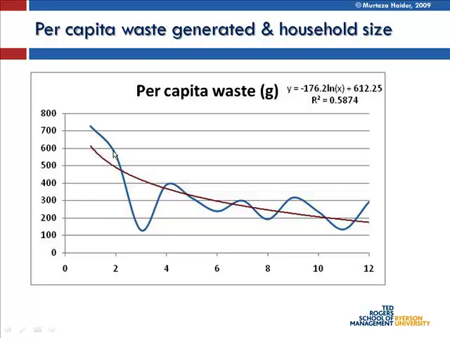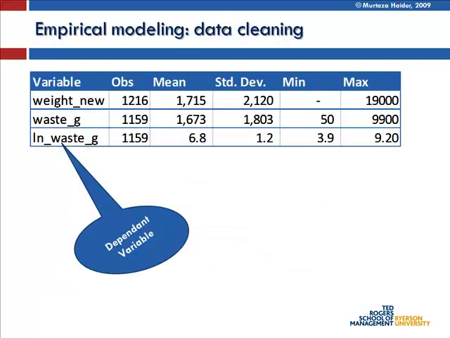So you see this blue line again, suggesting that as the size of the household increases, the per capita waste generation declines. And the maroon colored line is the regression line, and the regression equation is quoted up here. Again, we will discuss this a little later in our research.